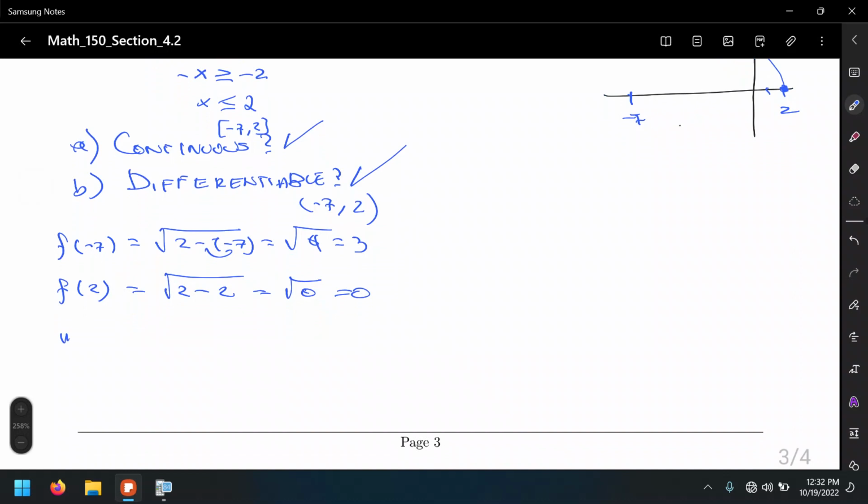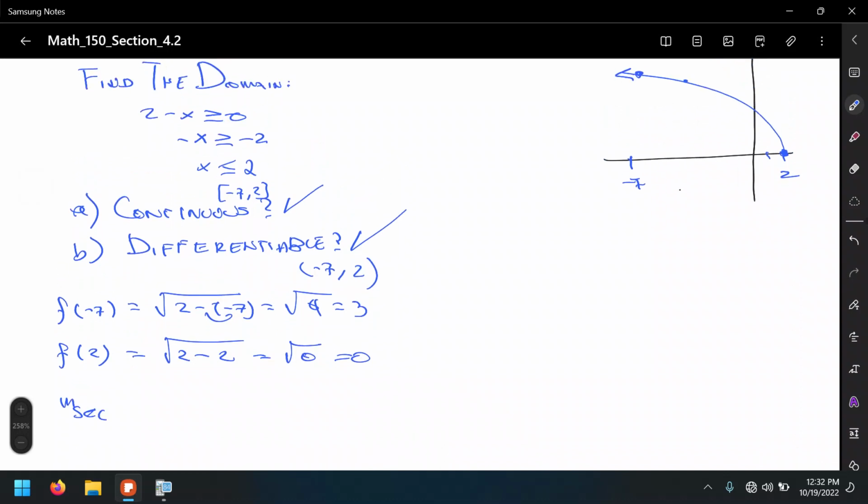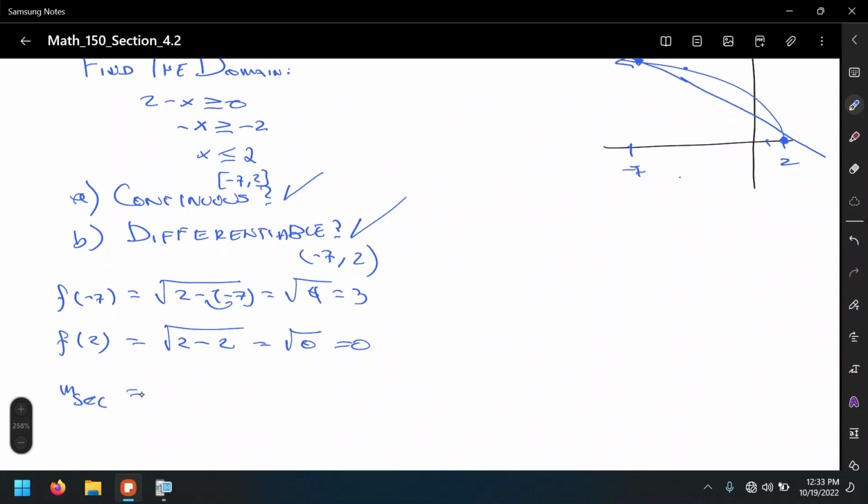So the slope of the secant line, which will be this one right here, should be a negative slope. Let's verify that it's true. That's y2 minus y1 over x2 minus x1. In the context of our function, this is f of 2 minus f of -7 divided by 2 minus -7.